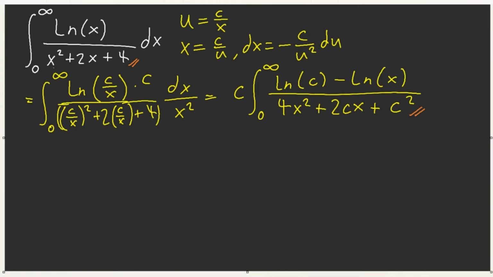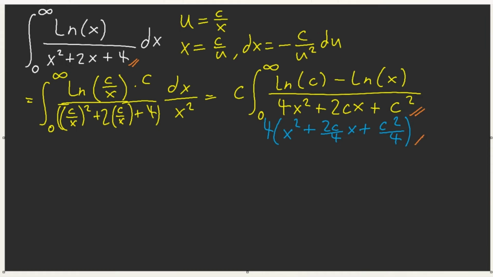First off, we have x squared, so I need that 4 to be factored out. Let me write this in blue. I need this 4 to be factored out, so I have 2 over 4, then c squared over 4.